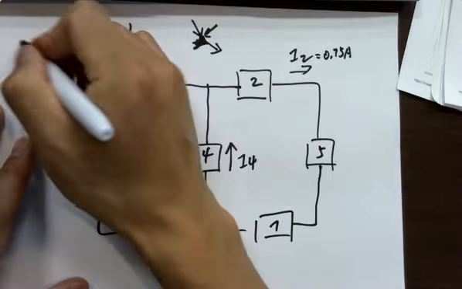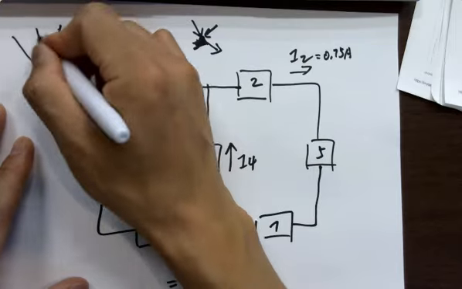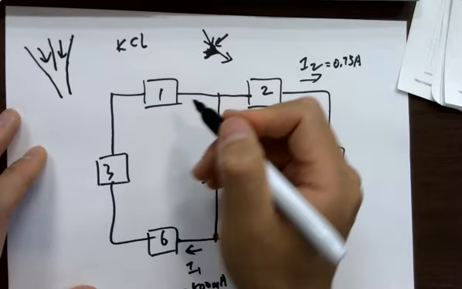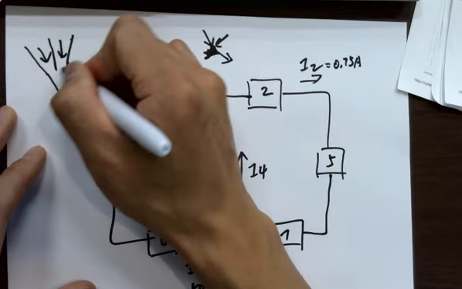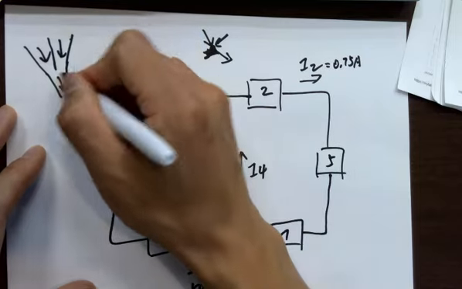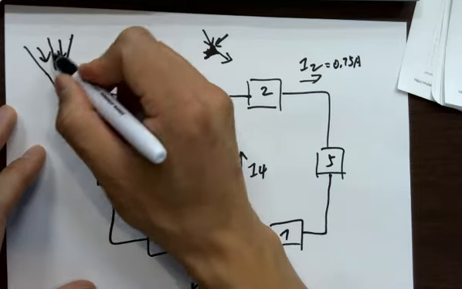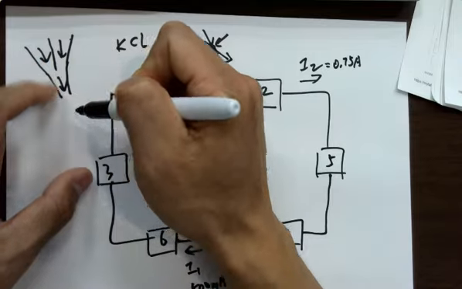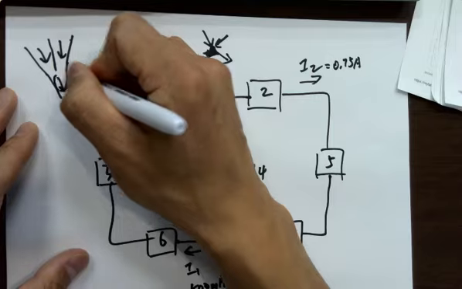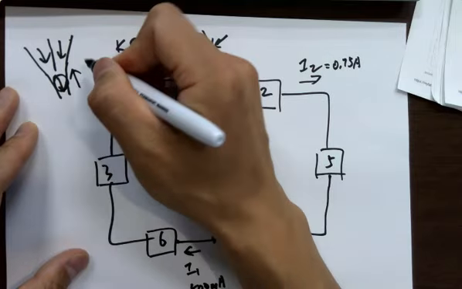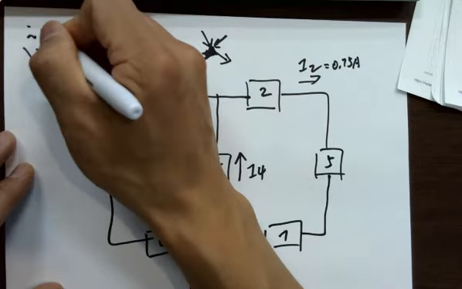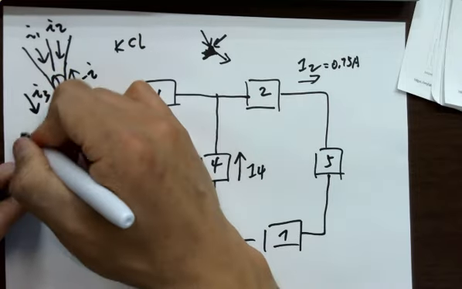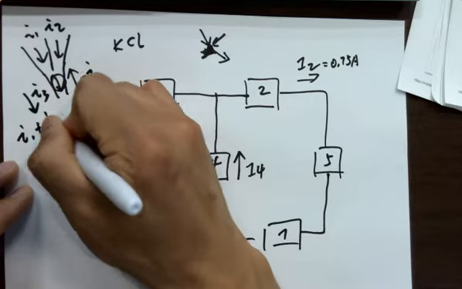It's like the pipe example I gave you last time. You have water current in two pipes, and here's a junction where they merge into one main pipe. So the water current flowing in equals the water current flowing out. It's the same concept. I1 and I2 flow in that direction, and they equal I3. I1 plus I2 equals I3.